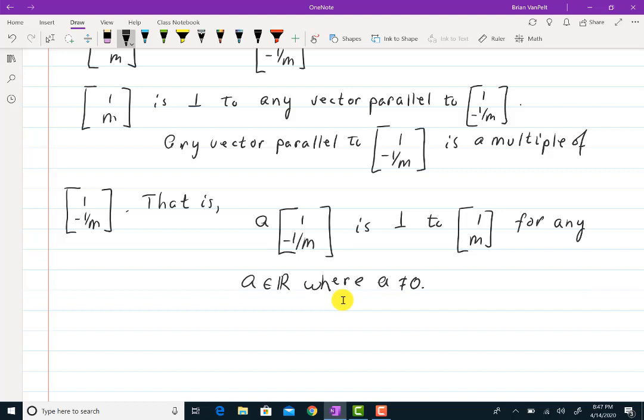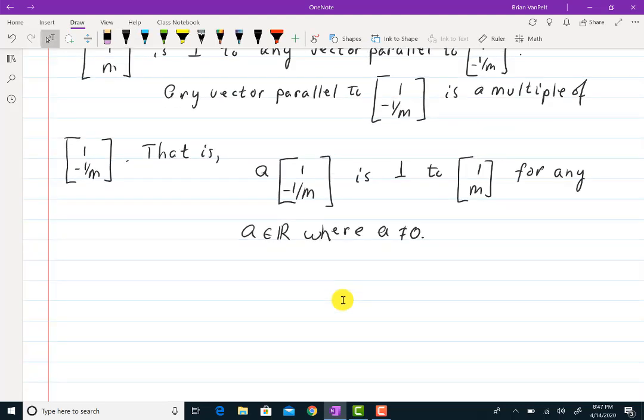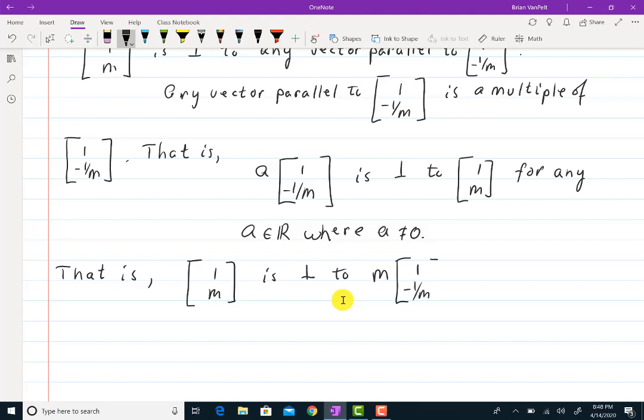So the reason I bring this up is this means that (1, m) is perpendicular to m times (1, -1/m). But when you multiply the m through, you get (m, -1).